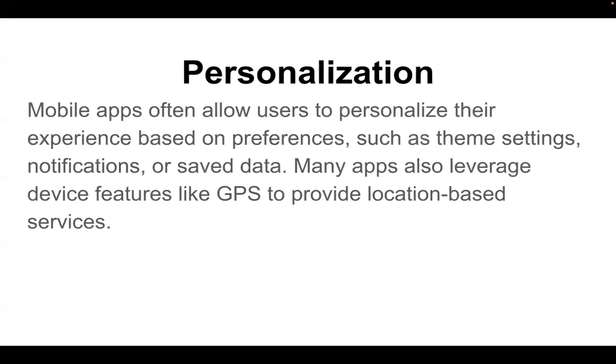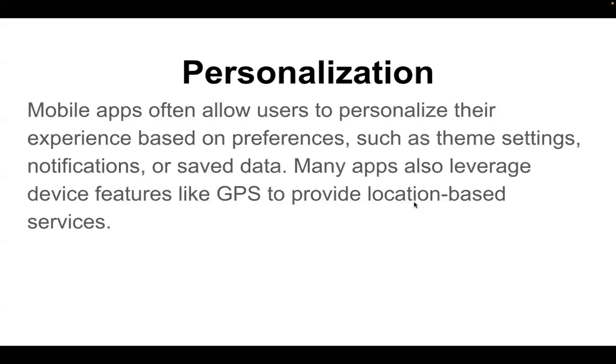Okay. And next one, personalization. This is mainly used for preferences and themes, notifications, and locations. For example, you can take Ola. In that application they are using GPS and location-based services.